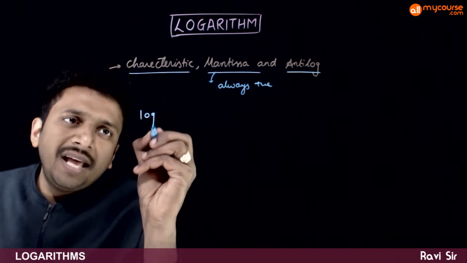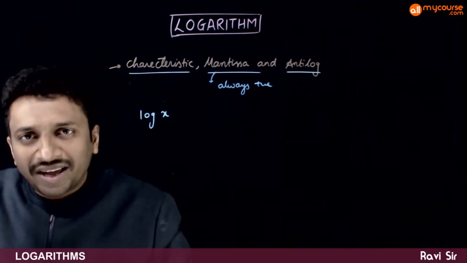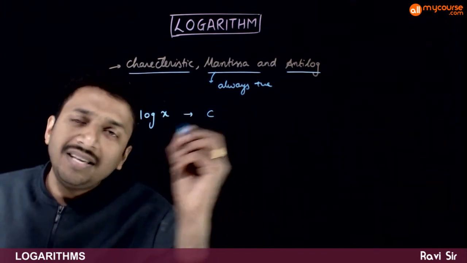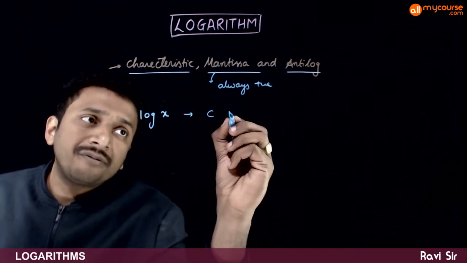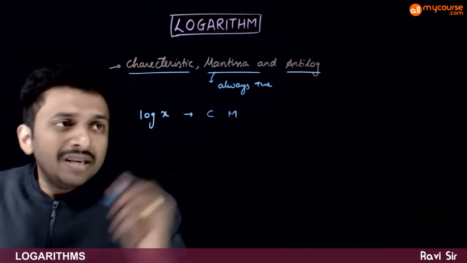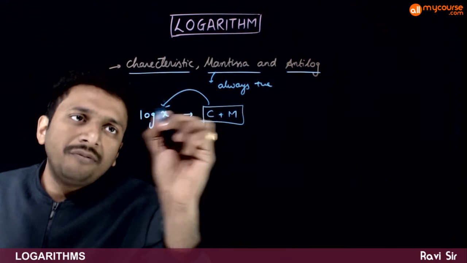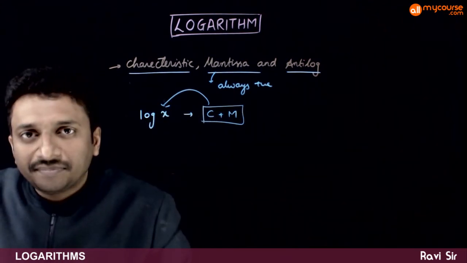And if you take some log x, if the characteristic of this log is c and the mantissa is m, then c plus m should give you the value of log x.